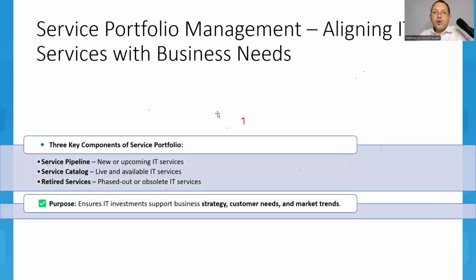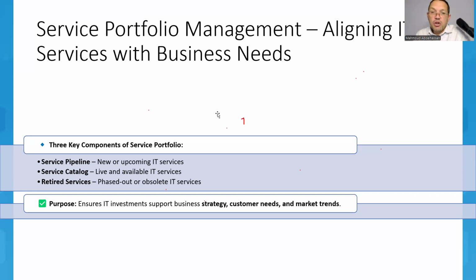In service portfolio management, aligning the IT services with business needs, we have three components, which are service pipeline, service catalog, and retired services. Service pipeline contains the new or upcoming IT services. Service catalog contains live and available IT services for customers to consume.